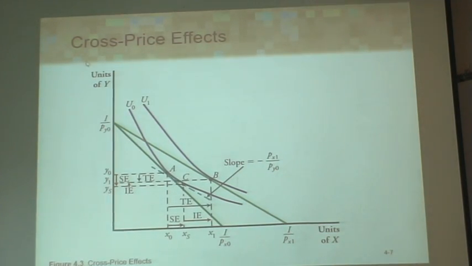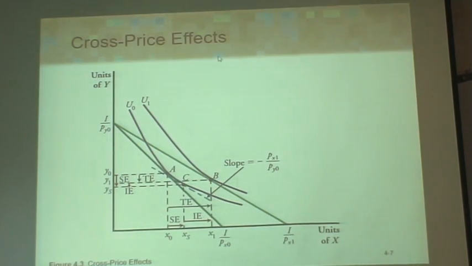Here, it talks about cross price effects. Generally, if you have one good, now price goes up or down, and the other good, what will happen to it? That is basically what we know. But here we talk about substitute and complement. That will be different.